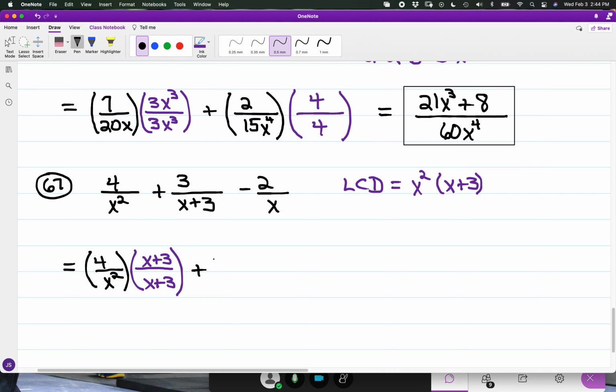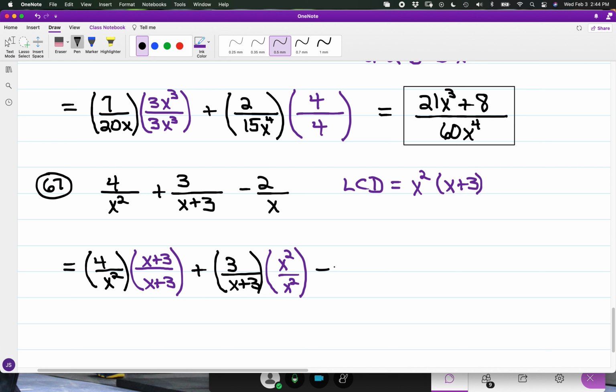Then with the next ratio, 3 over x plus 3, we have the x plus 3 factor but are missing x squared. Now you've got x squared but are missing x plus 3 here, and you have x plus 3 but are missing x squared with the second ratio.